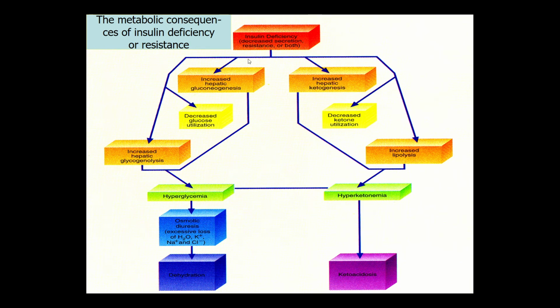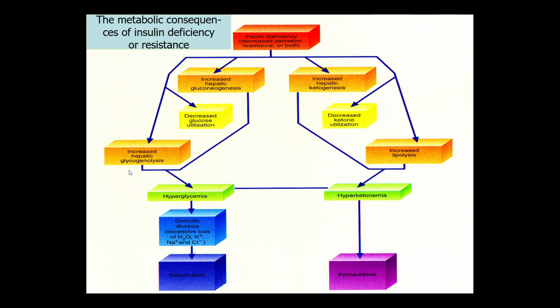Let's see. Deficiency of insulin or resistance to insulin, so absence of insulin action, leads to an increase of gluconeogenesis, because we know that insulin is an inhibitor of these processes. In the absence of insulin, utilization of glucose decreases, the transport of glucose from blood into the cell.